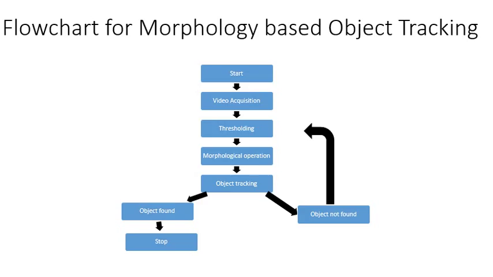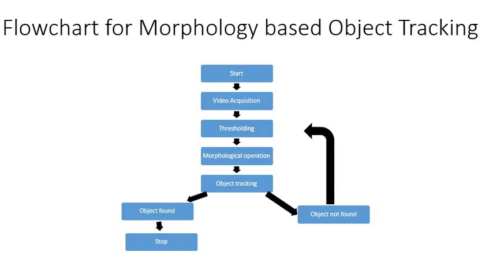Flowchart of morphological based object tracking, which is a series of steps. Initially, when it starts, the associated hardware system will be turned on. Video acquisition is made possible through image sensors.